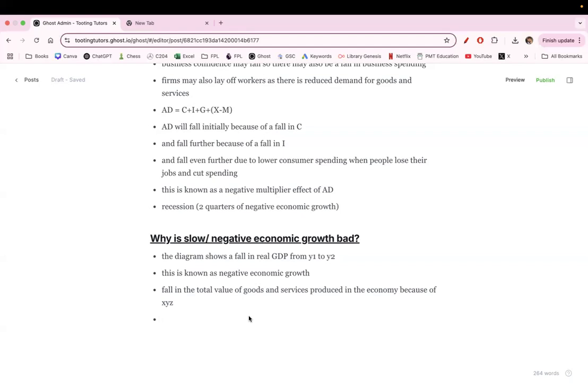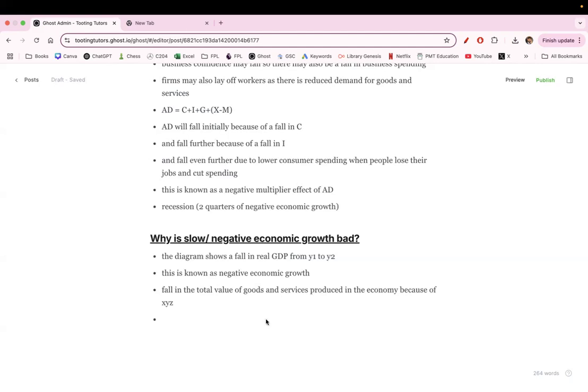If all the shops are empty, what would be the first thing that a business might do? They will probably lay off their workers, right? Yeah. So that's the main thing. And then that will lead to unemployment. Okay.